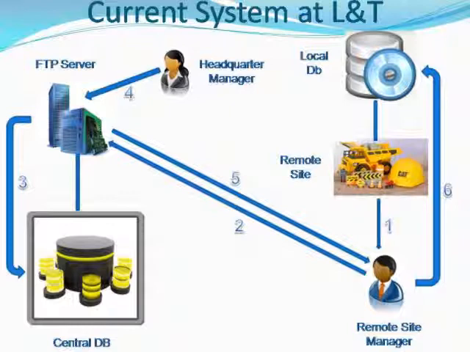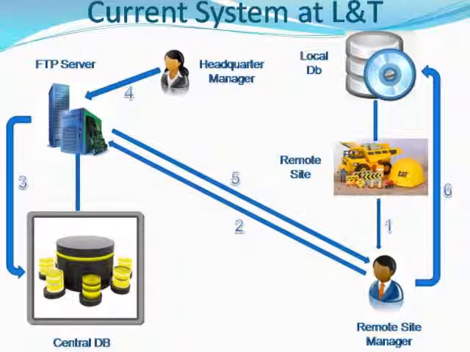This order is saved in the local database at the remote site. All the accumulated orders of the day are transmitted to the FTP server by the remote site manager. An automated process updates the main database with the new order request.